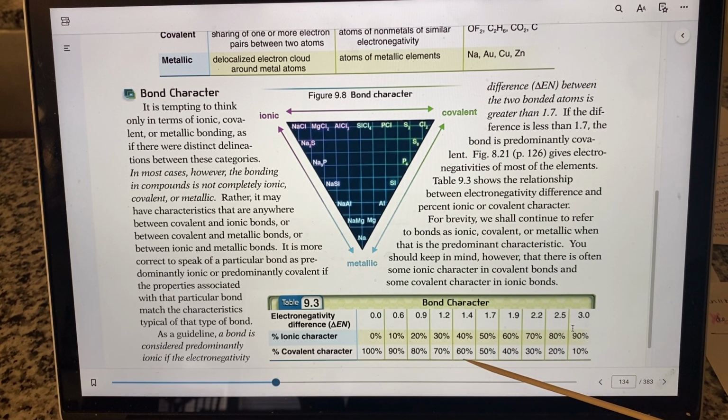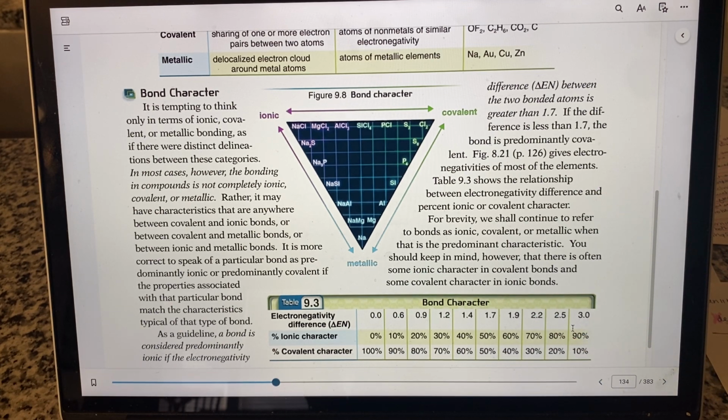It's kind of weird, but they tell you what percentage. Say the number is 3. If it's a big number, it's going to be about 90% ionic. Anything above 1.7 is predominantly ionic, because a big difference means one atom really attracts the electrons, so the bond is very ionic.